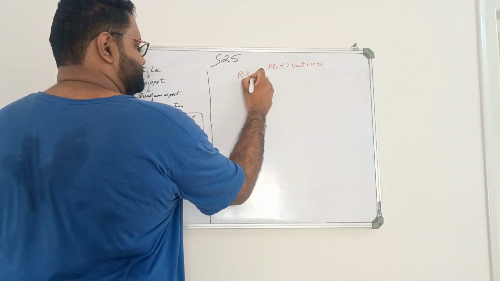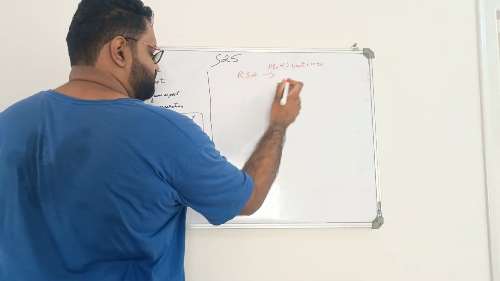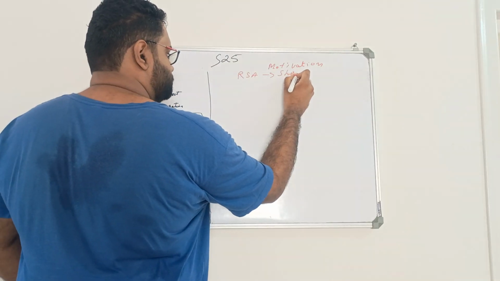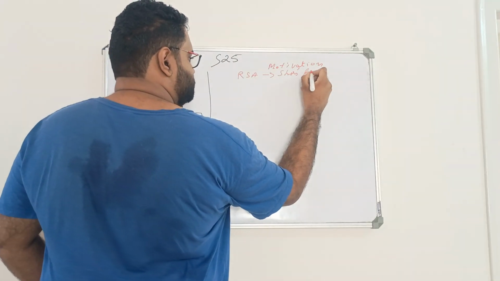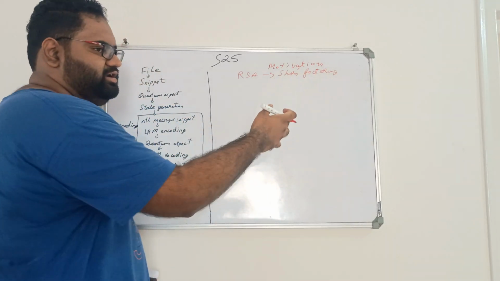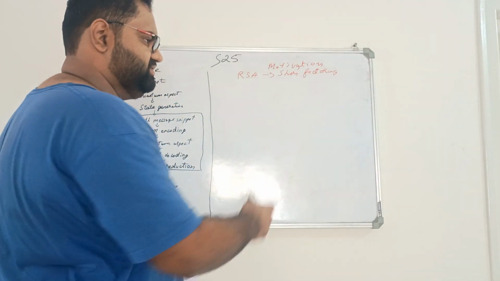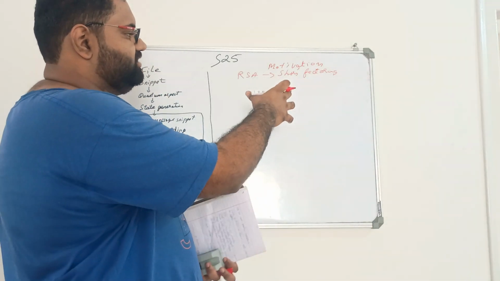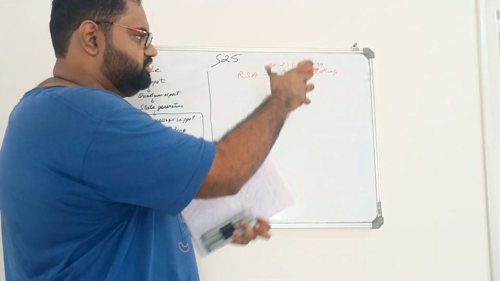Of course RSA is going to be blown apart by Shor's factoring, and there's another theorem called the Chinese remainder theorem, which combines with the factoring algorithm.